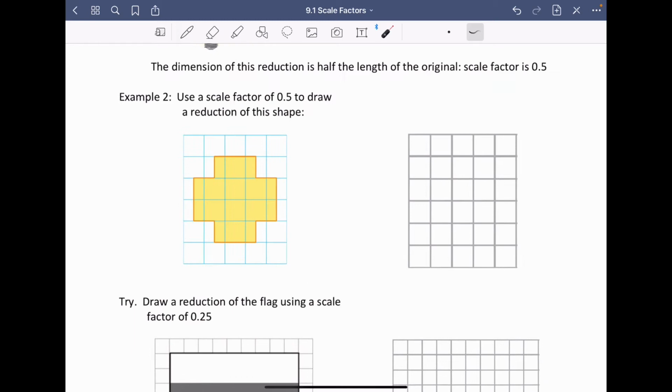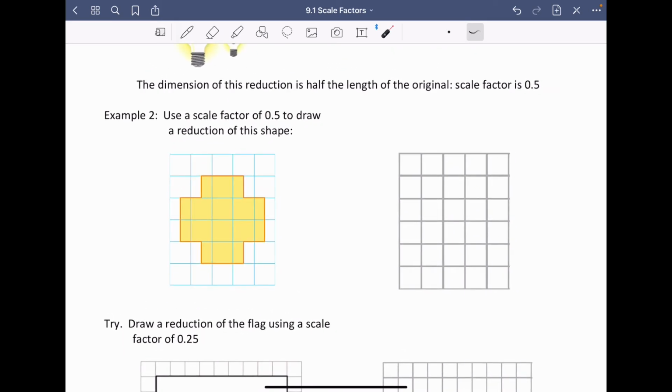Example number 2. I ask you to use a scale factor of 0.5 to draw the reduction of this shape here. For this shape, we can tell that this is 2, and this is 1.